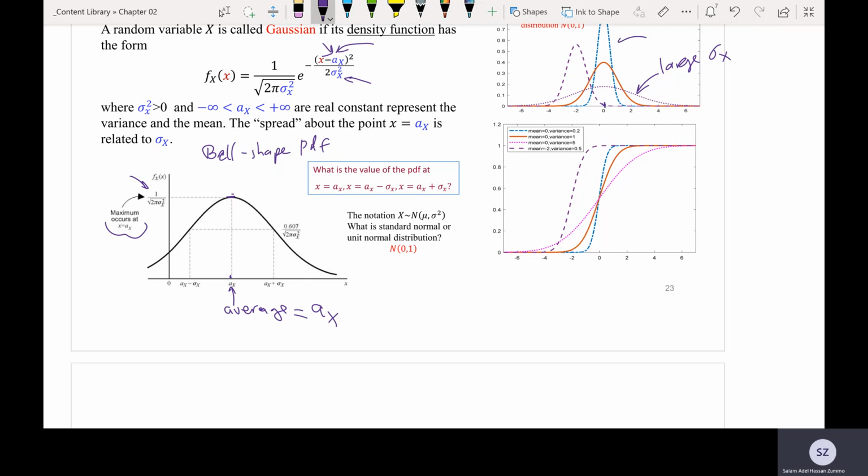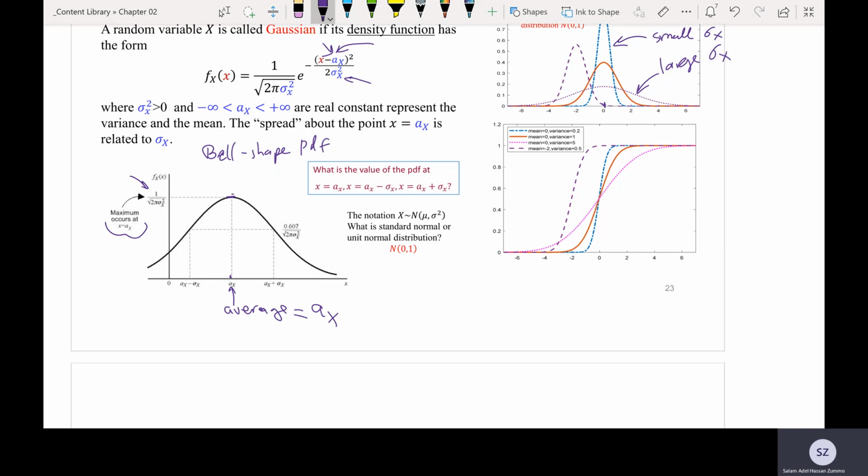Whereas this one has a small variance, right? Small sigma x. As you can see, it's focused around the mean. For example, if the average is 60, most students are within 50 to 70, whereas here they are spread much more widely. So this has a small variance, this has a large variance.